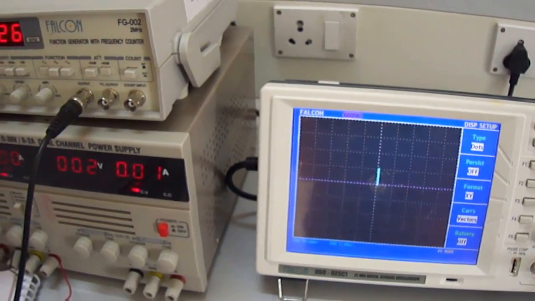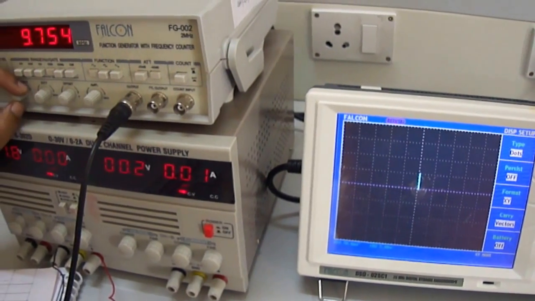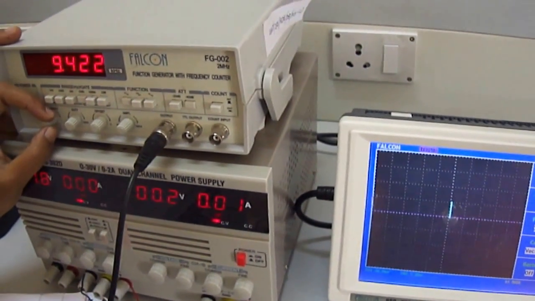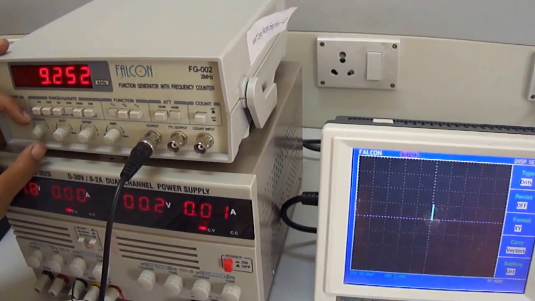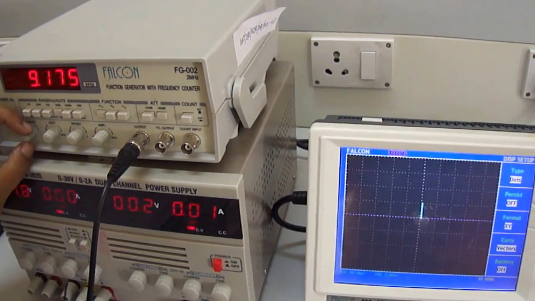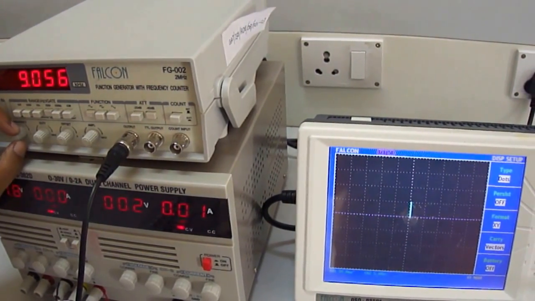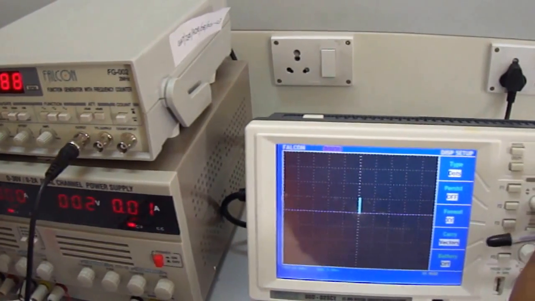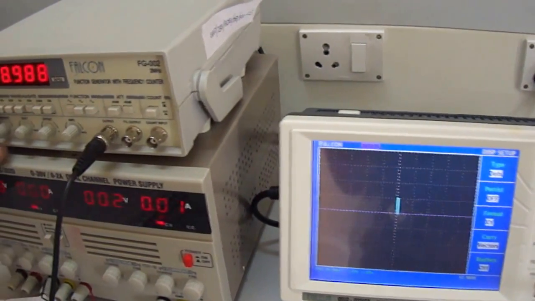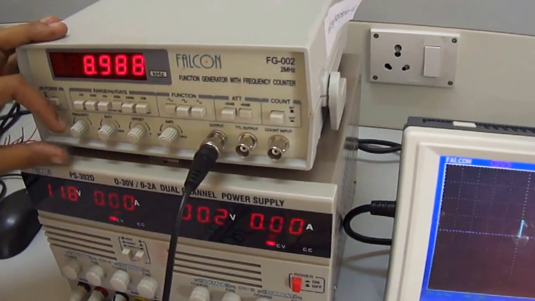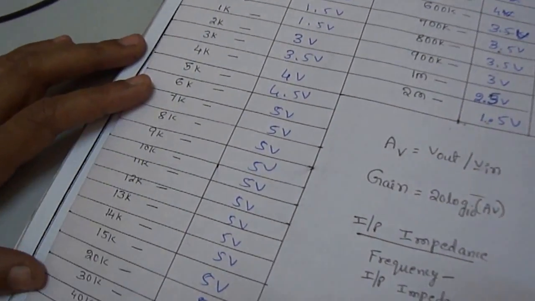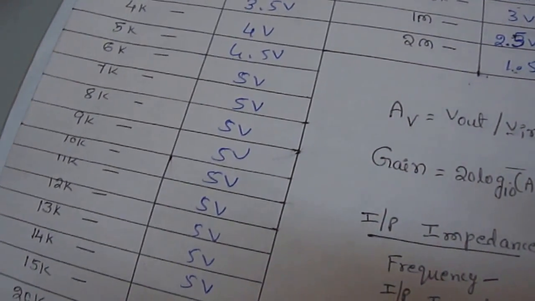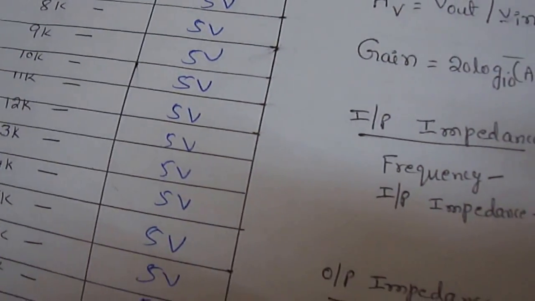At 9K also 5. So from 6K onwards we are getting a constant value up to 100K. Like this we have taken the values.